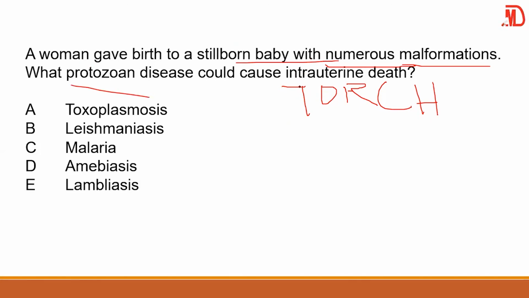So first of all, let us analyze the TORCH just for the benefit of learning. For the TORCH infection, the T stands for toxoplasmosis. The R refers to rubella. And even in people suffering from rubella, or if you're able to detect that a mother has rubella, we don't even allow the mother to continue the pregnancy.